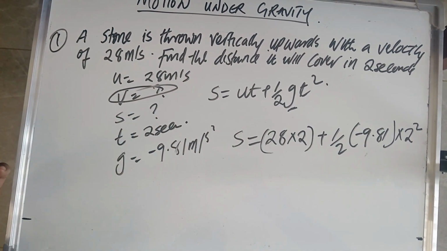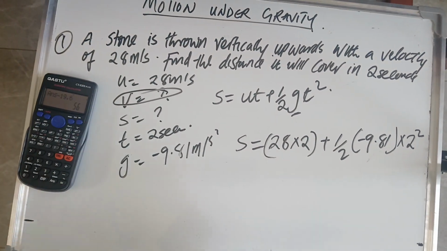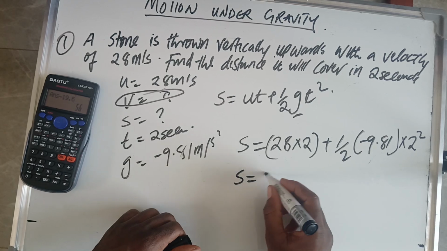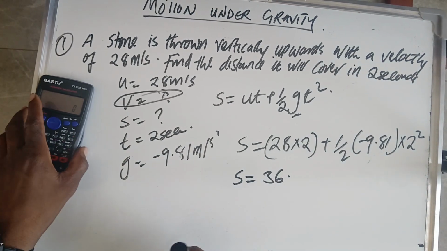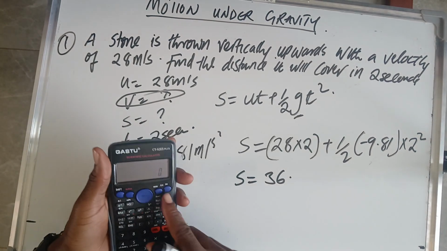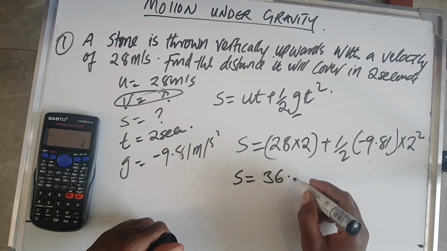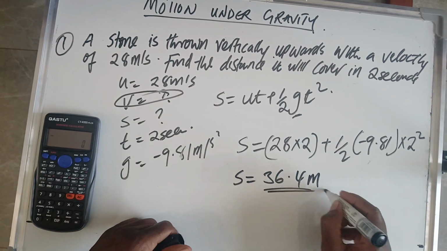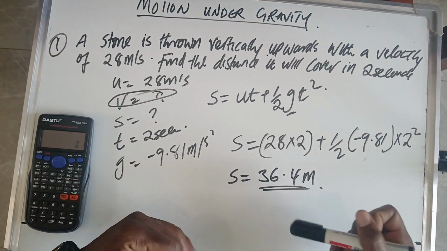Let me know what your answer is in the comment section. All right, so my answer becomes 36 point something. I haven't really calculated, so let me say 36.4 meters. Okay, so that is the distance that it will cover, and that's how you simply find these answers.